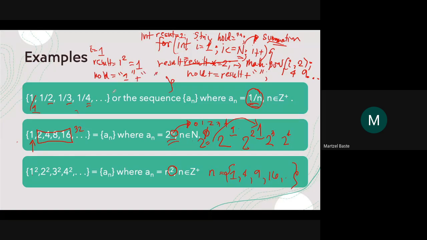Then the next, dito tayo na part, when I becomes 2, the value is now 2 raised to the power of 2, which makes it 4.